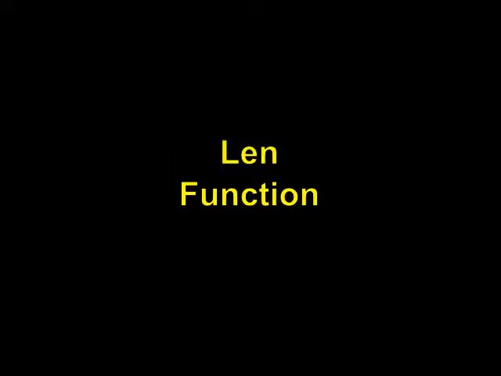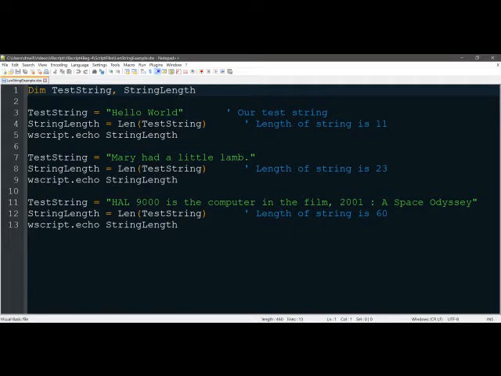The Len function is used to return the length of a string, i.e., the number of characters in a string. In this very simple example, we are using the Len function to determine how many characters there are in each of the three test strings. This information is essential when we want to do more complicated things with strings. For example, replacing or adding text within a string.